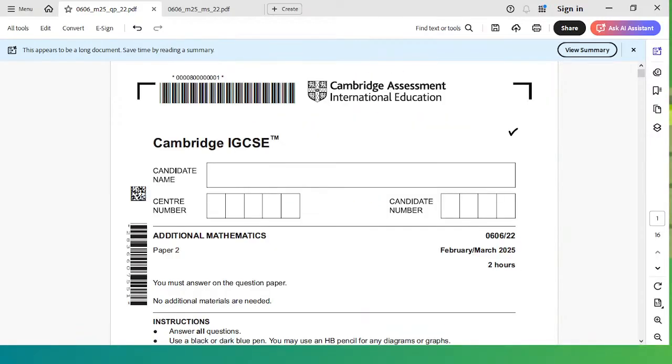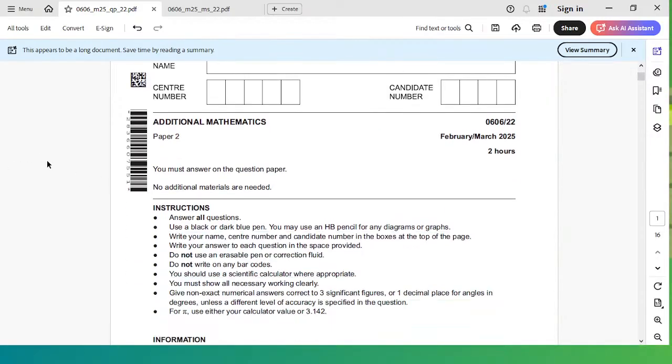So giving me a total score of 71 out of 80.